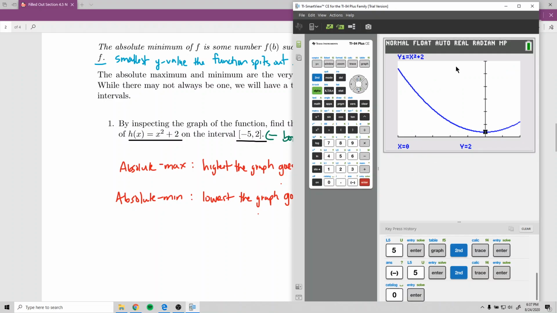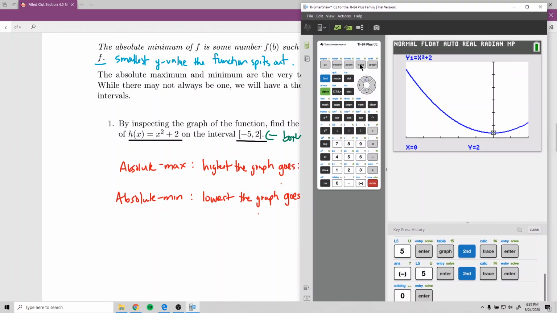All right, so one thing that I want to go ahead and mention is why the brackets are important. Why do these need to be included? Well, if we didn't actually include -5, what would happen is we could plug in every single number that's close to -5, like -4.9, -4.999, and so on, but we could never actually plug in -5.